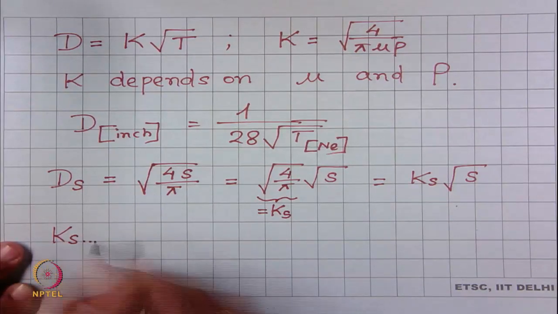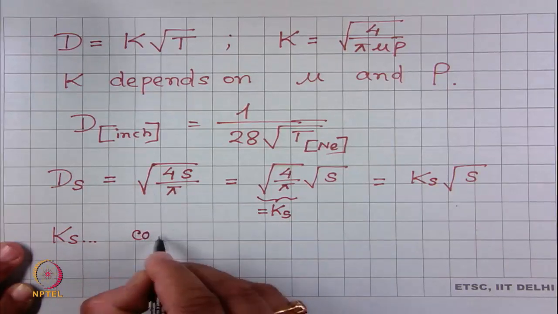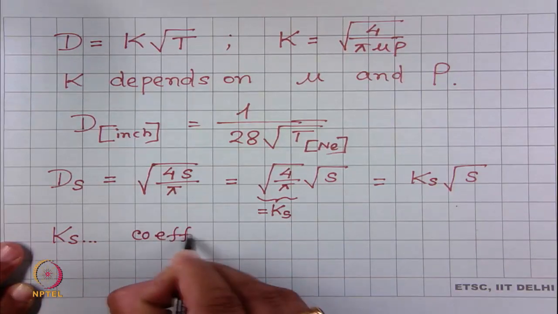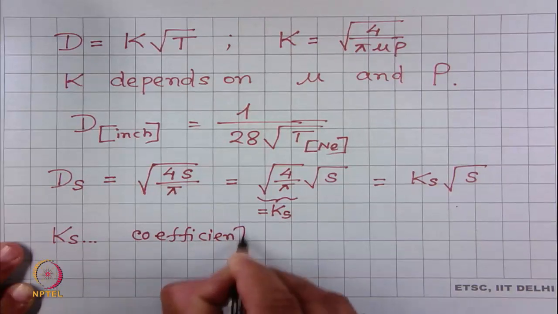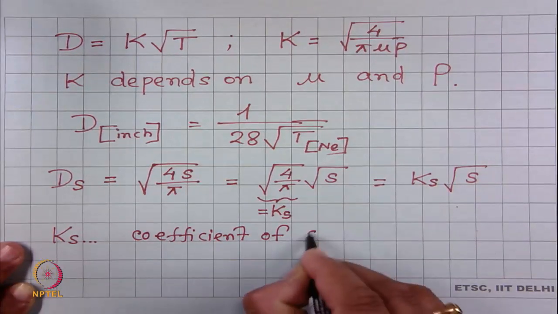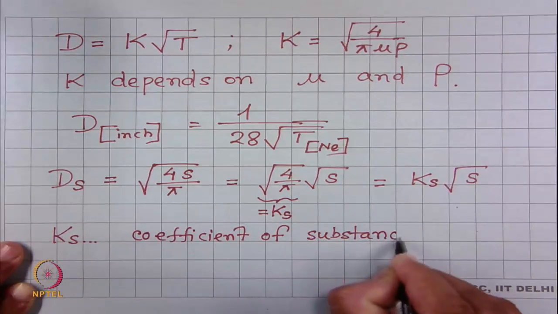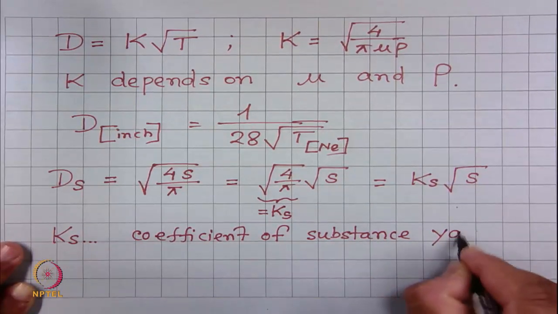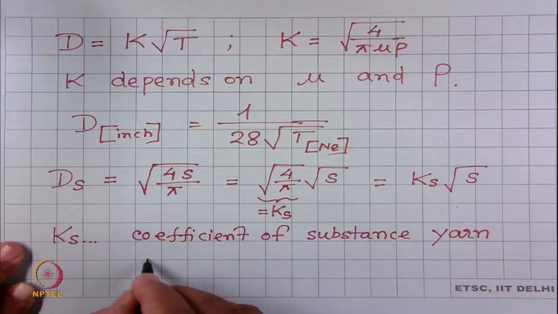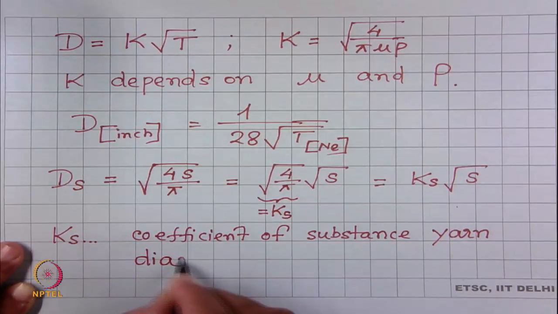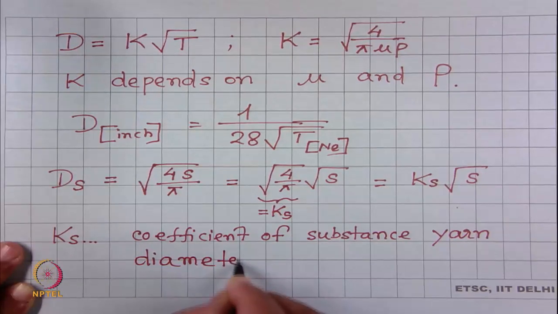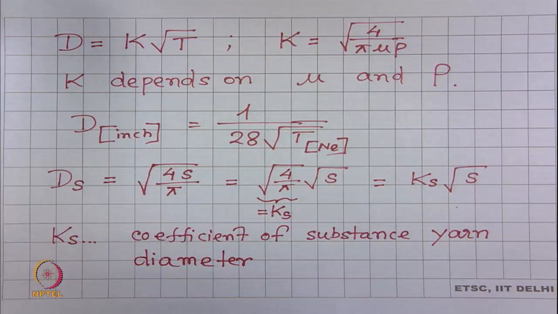K s we will call coefficient of substance yarn diameter.